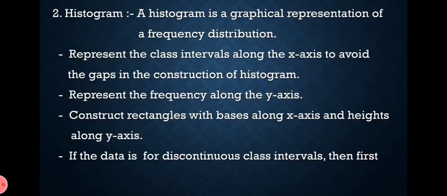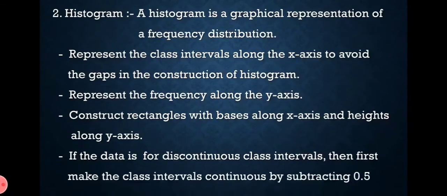But if the data is for discontinuous class intervals, then first we make the class intervals continuous, that is, we change them into continuous class intervals. How do we change them?